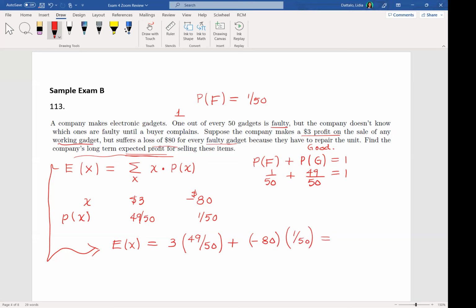And if you were to just put that in the calculator, you get an expected value of $1.34 per item over a large number of sales.